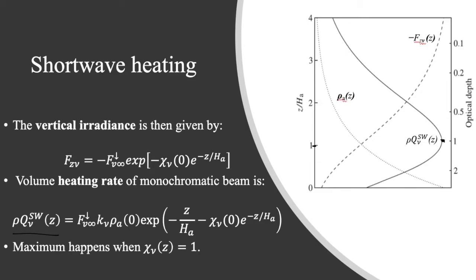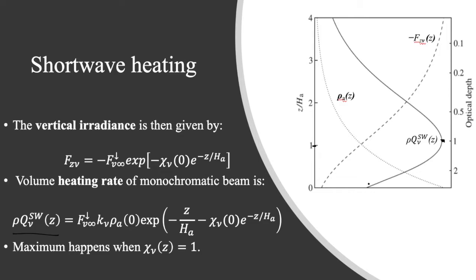Now, why is that? Well, this kind of makes sense because look at this expression. If you go higher up in the atmosphere, then there is less gas, less atmosphere to give heating to. So it makes sense that the heating rate decreases.